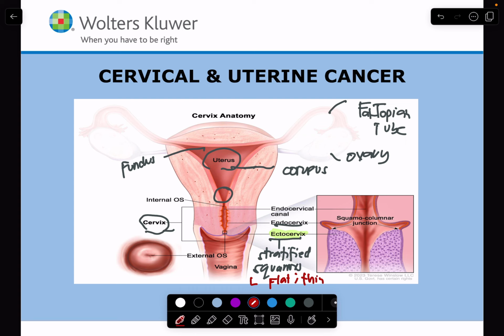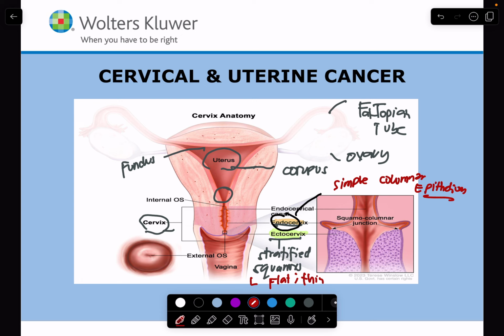Now, another layer of the cervix is the endocervix. Okay? So, endocervix naman, unlike sa ating ectocervix, is comprised of simple columnar epithelium. Iba ang epithelial type or tissue ni endocervix kay ectocervix.